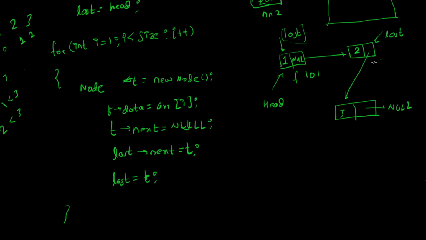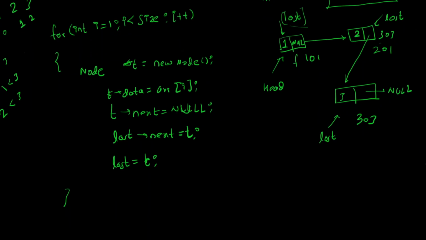We made a link. So this is 201, and if this is 303, so this address will be 303. Now we move last to this new node. Now last will point to this node. And so on, you can go on creating any number of linked lists from an array.